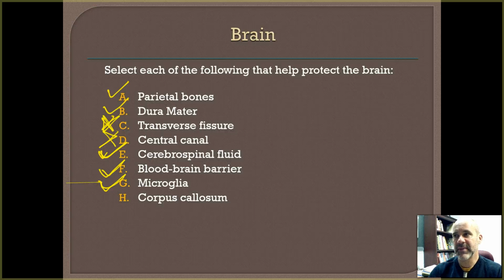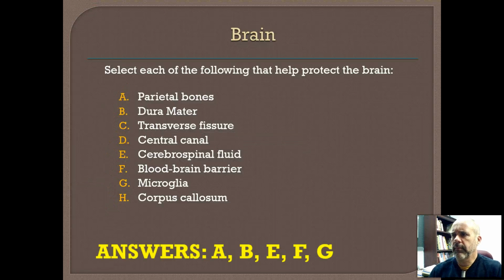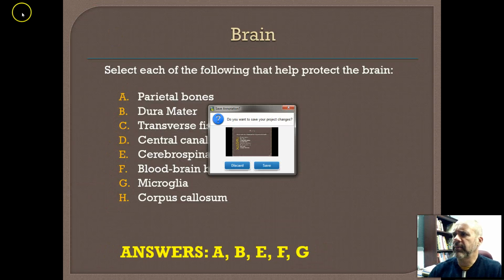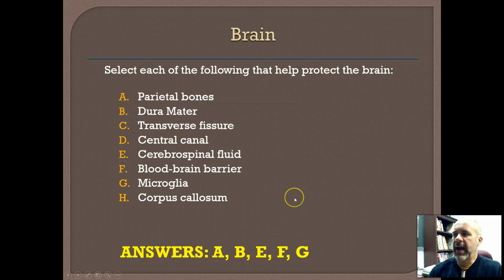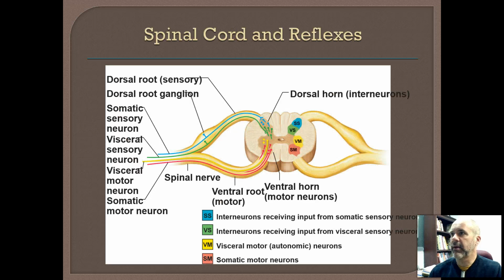Corpus callosum, is that protecting the brain? That's a crossover point for myelinated axons between the left and the right-hand sides of the brain. All right, so A, B, E, F, and G would be our answers there.